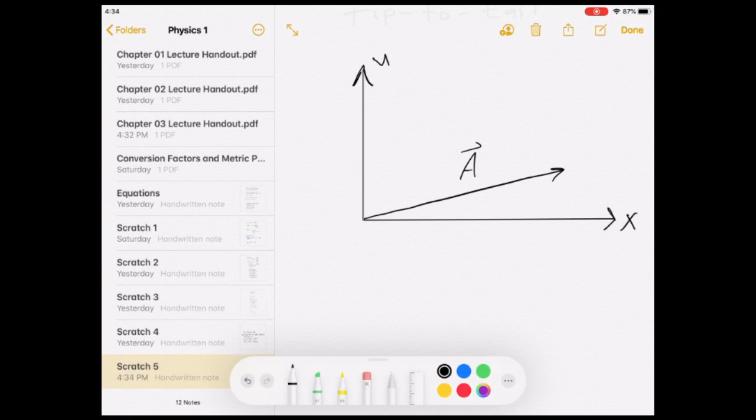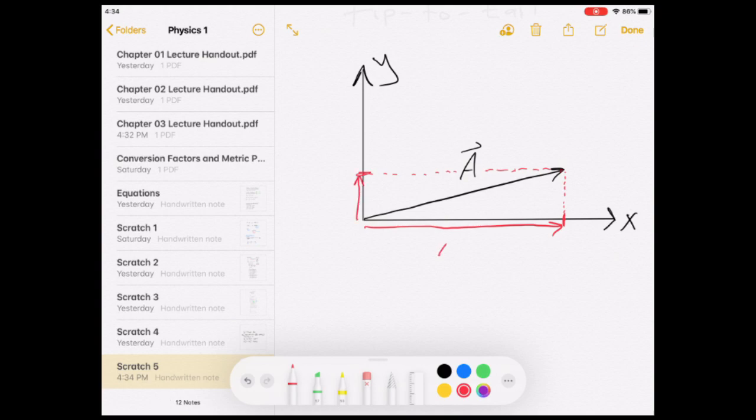X and y. Now I can ask how much of this vector A points in the x direction and how much points in the y direction. This much points in the x direction, and this much points in the y direction.